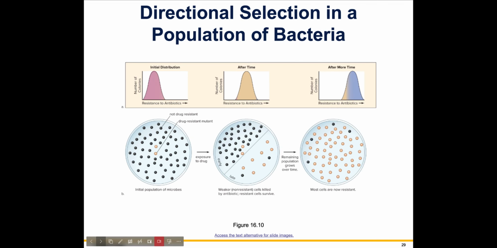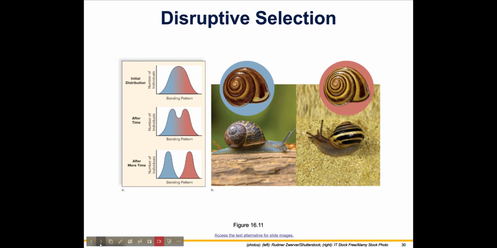So here's our example of our bacteria. We've got a couple drug resistant bacteria. Over time, those survive the antibiotic, and now we've pushed our population toward that antibiotic resistance, that genetic code. Here's my land snails.